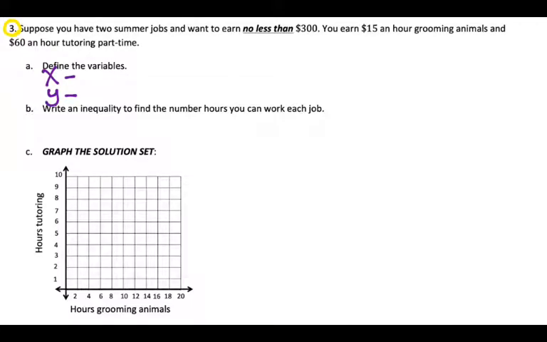So in this case, go ahead and label the x-axis x, which is the horizontal axis, and the y-axis y. And by doing that, I already know that the x variable represents the number of hours we're grooming, and the y variable represents the hours that we are tutoring. So we can go ahead and put that down on our paper.